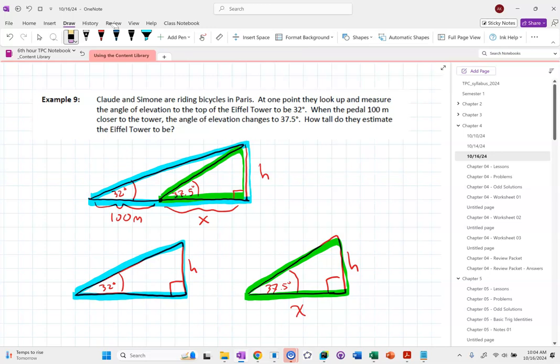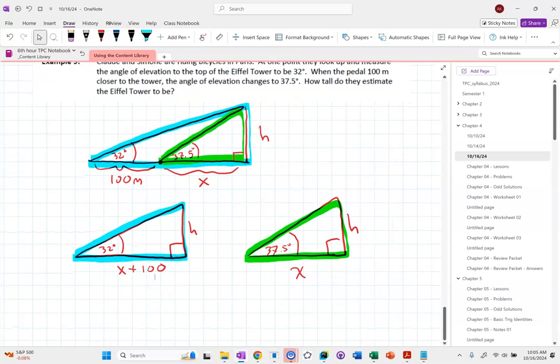Not 100, and not X. How far is it to go from here to here? X plus 100. You go 100 feet, and you go X more. So we'll call that side X plus 100. Do we feel so far so good?